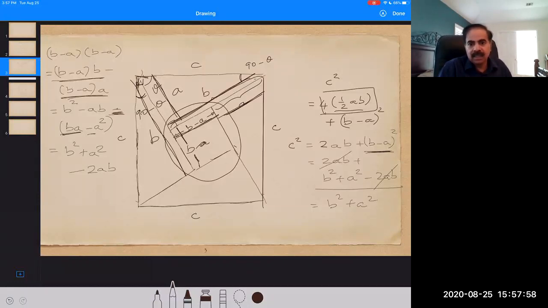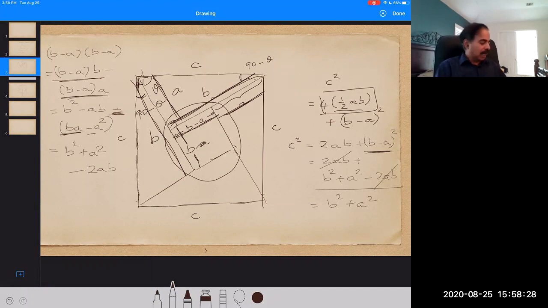Because especially these derivations, beyond a point, it gets too difficult to follow, and so you should definitely try to do this on your own. Okay, so this is one way of proving. So we arrange them into this square, and then we do some algebra, and then we have the proof.